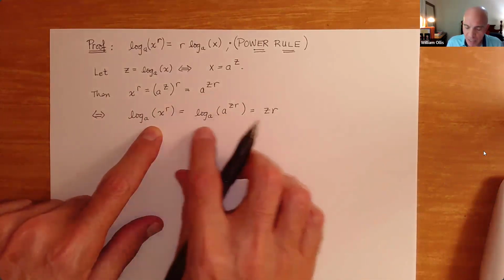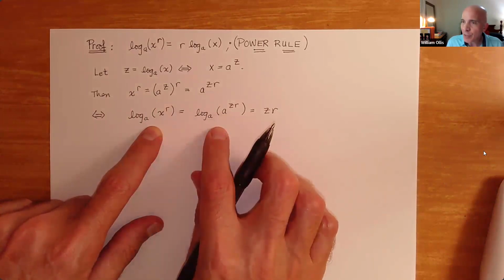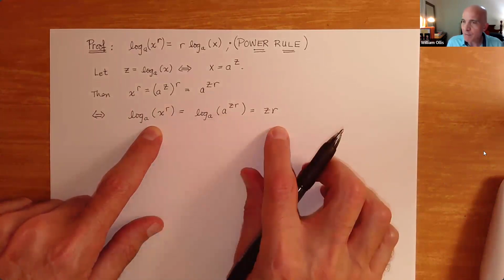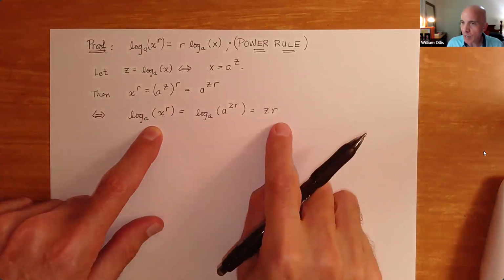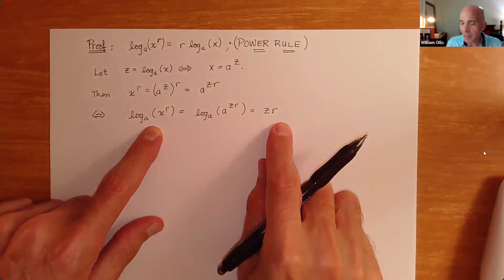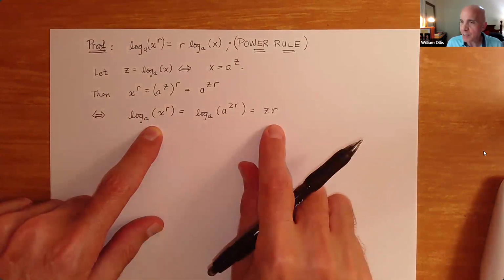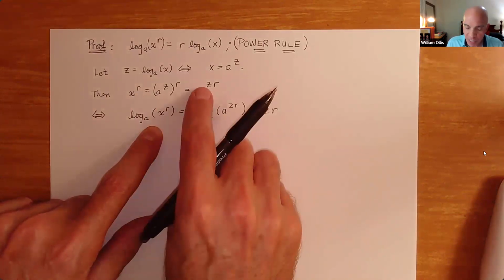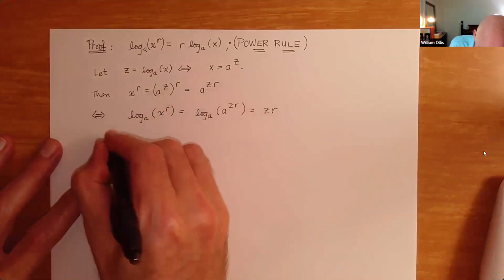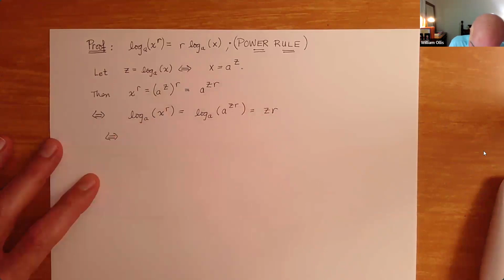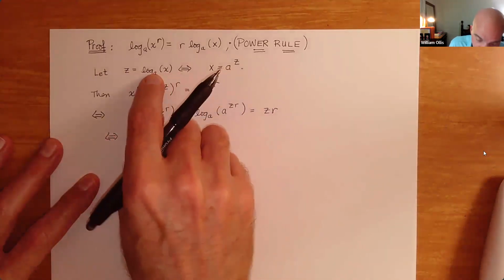But sometimes it's nice just to go ahead and apply the base A logarithm and save yourself a little mental anguish and just move this way. But it's the same thing. It will simply facilitate the movement from the exponential to the logarithm. And now, of course, we can simply just rewrite the z as our initial definition.